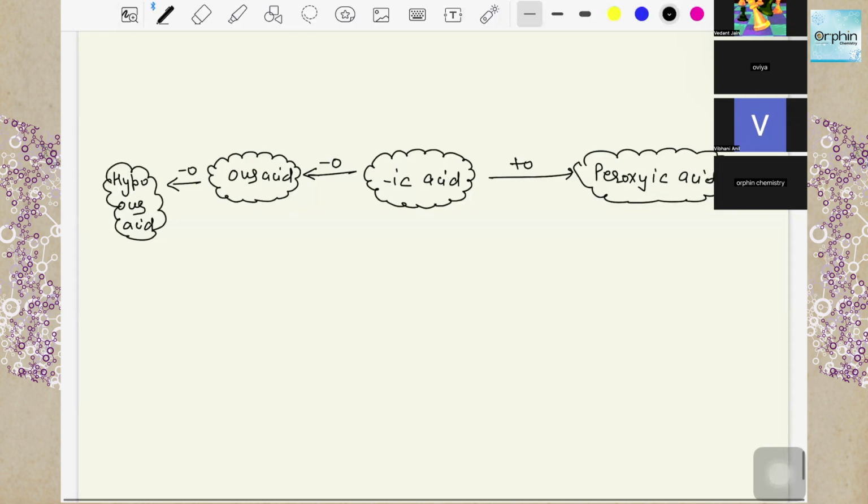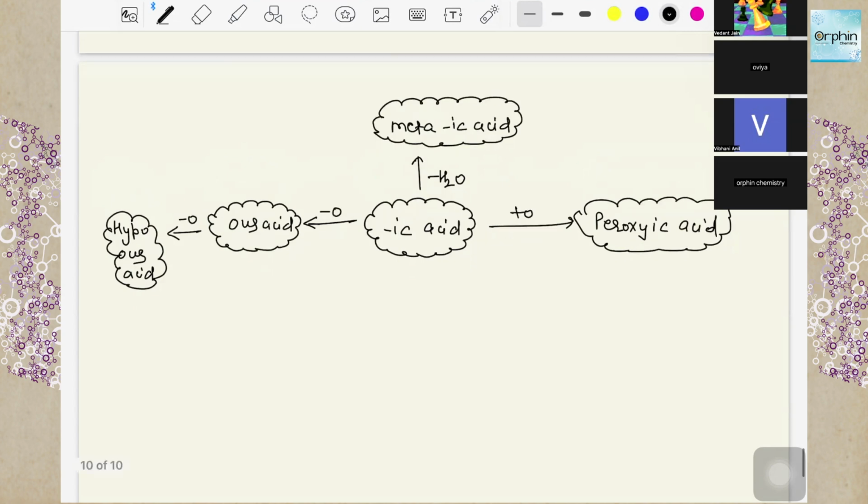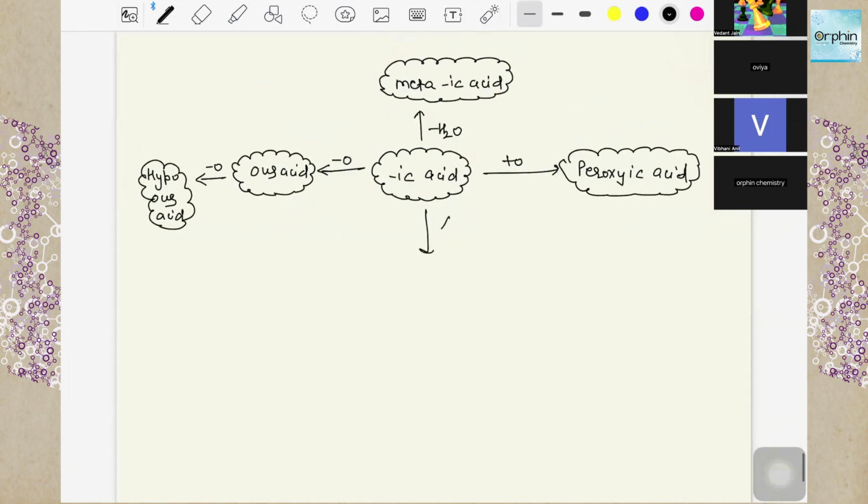Now, if you remove water from the ic acid itself, then it will be known as metaic acid: metaboric acid, metaphosphoric acid, like that. And then if you take it twice and remove water, this is known as pyroic acid.